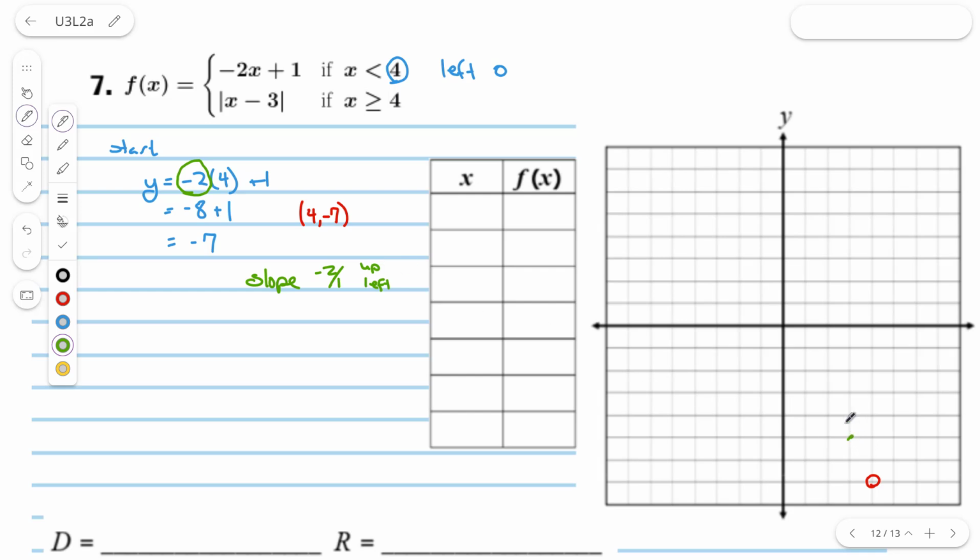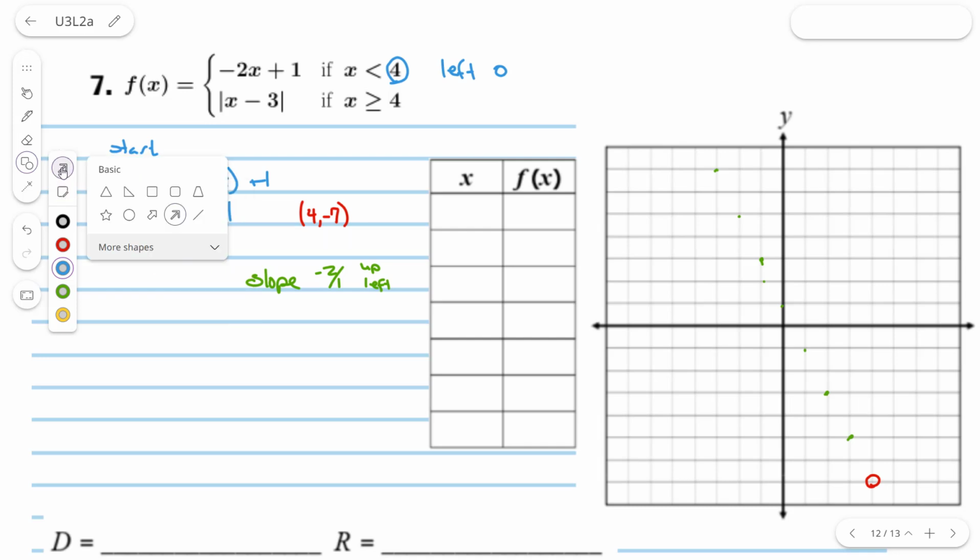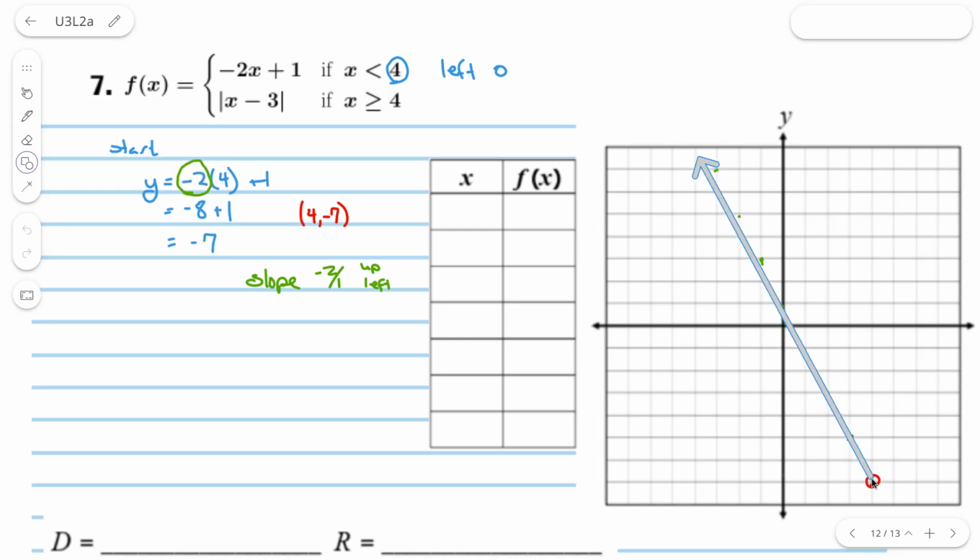And so I'm going to come up here, left, 2/1, and just keep going on up. Then I'm going to draw in that line. And so my line is going to go up as we go to the left. And I had that open circle to start with.